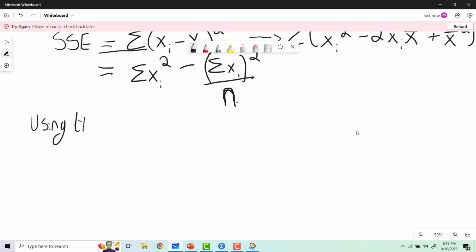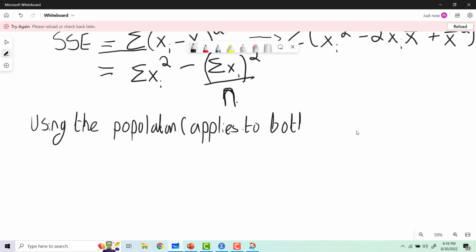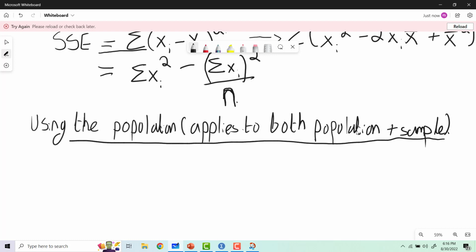But it applies to both sample and population. So we want to do what we did before. We want to just understand a little bit more about some of these properties.